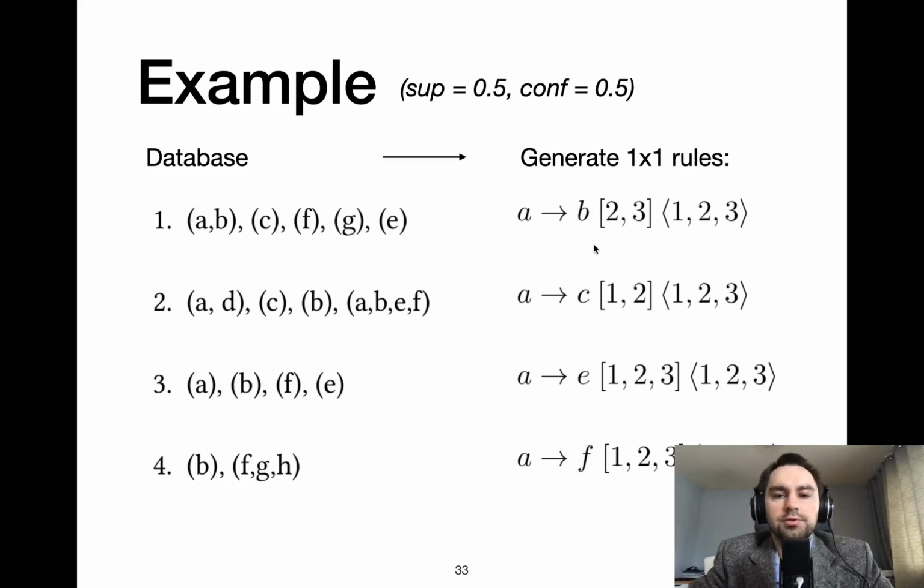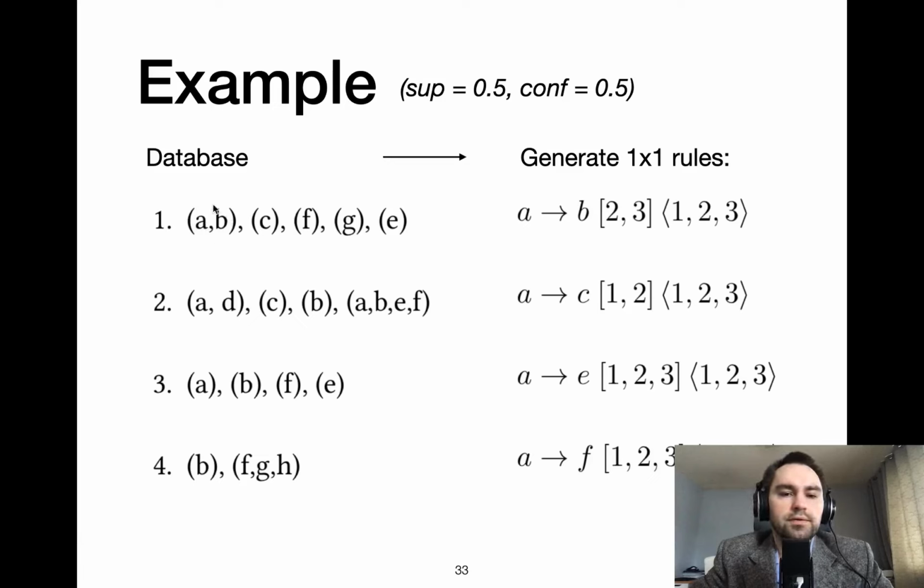So let's look at this rule at the top right. We can see that A goes to B occurs in sequences 2 and 3. If we look at sequence 2, here's A goes to B. And if we look at sequence 3, here's A goes to B. You can see that sequence 4 does not contain it, since there is no A. And sequence 1 does not contain it, since A and B occur together in the same item set.